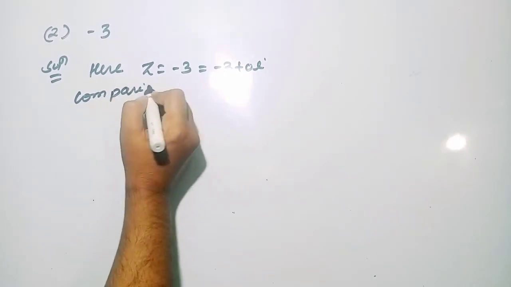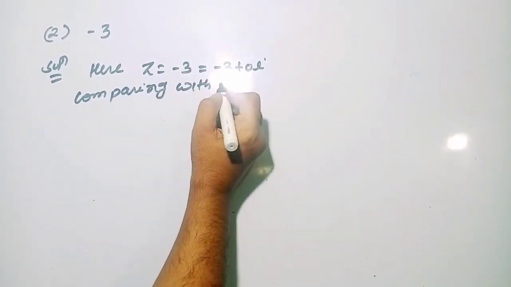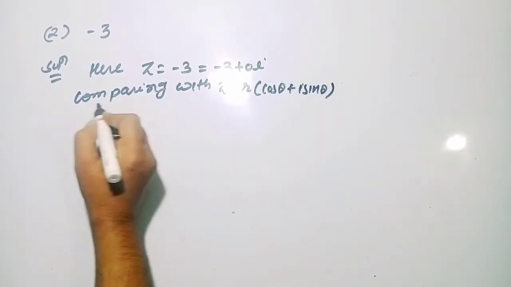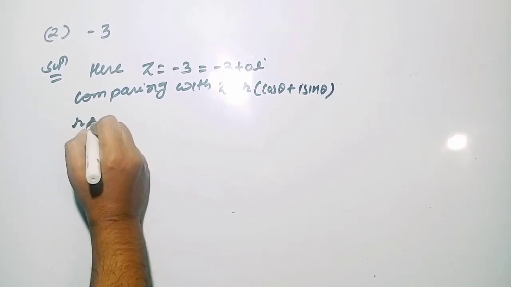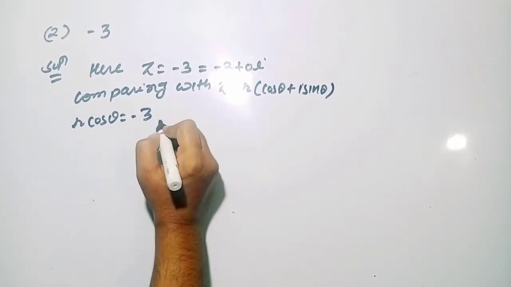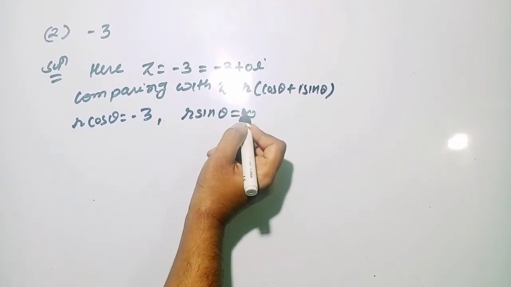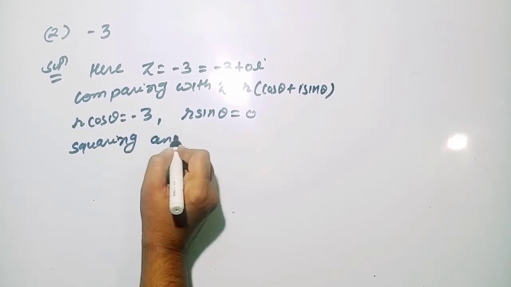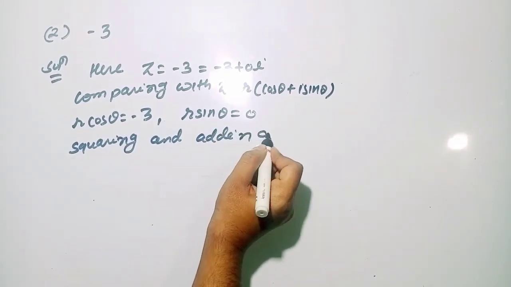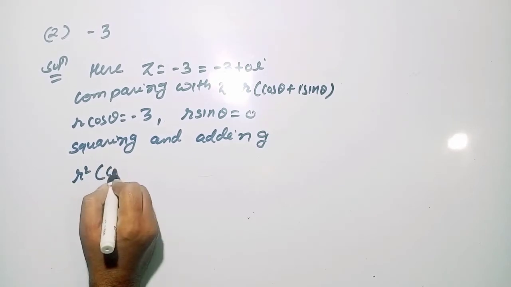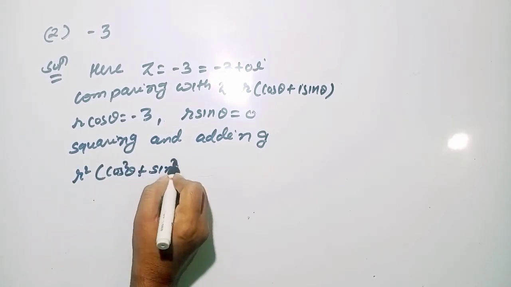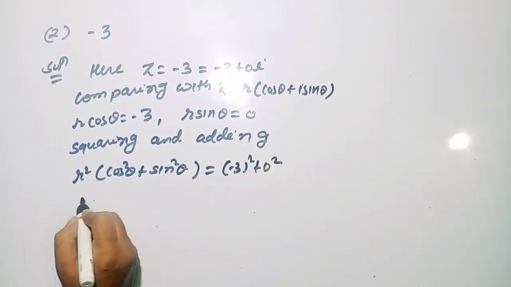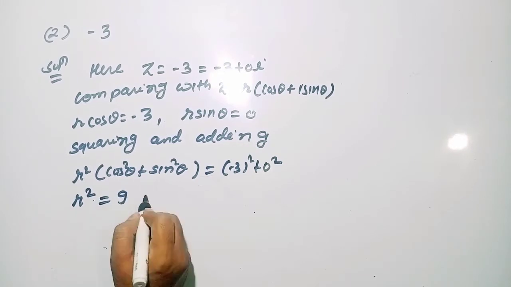Now comparing with z is equal to r (cos theta plus iota sin theta), we are getting r cos theta is equal to minus 3 and r sin theta is equal to 0. Squaring and adding these two results, we are getting r square (cos square theta plus sin square theta) is equal to minus 3 whole square plus 0 square. So r square is equal to 9.